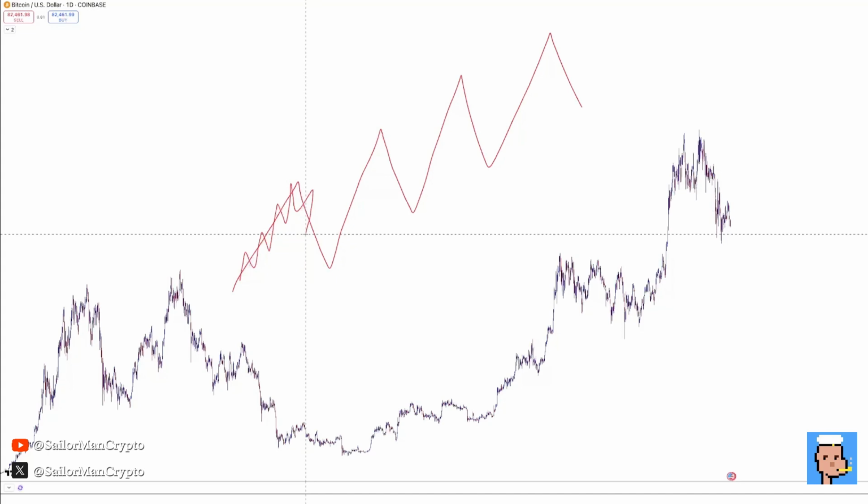So if the first one I've drawn is the daily chart, the second one I'm drawing is potentially the 4-hour or the hourly chart that is moving something like this.